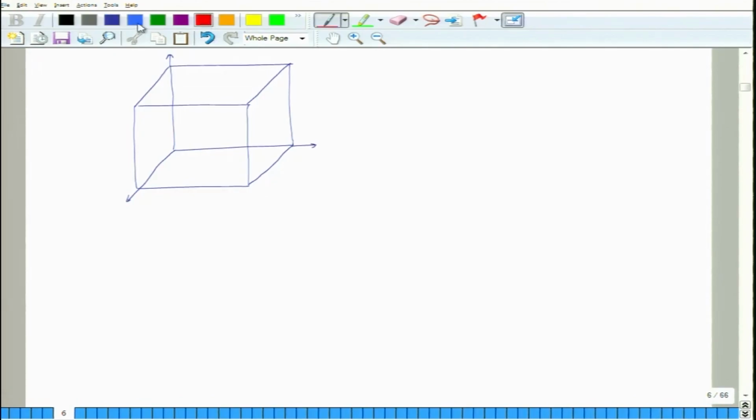So let's say we have these atoms at various locations. Okay, one atom here, another here, another here, and another here. We are saying that this is my octahedral void.